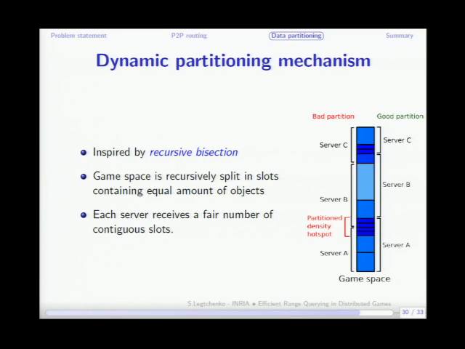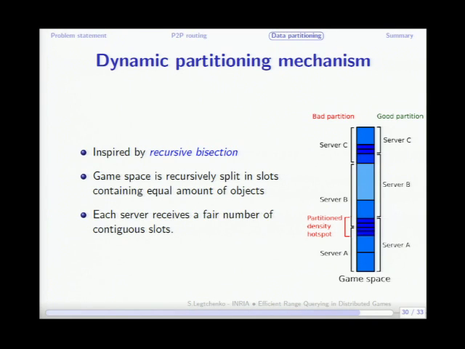For instance, here we have a bad partition which is perfectly load balanced because each server receives 4 slots. However, it is bad because a density hotspot has been partitioned between server B and server A. On the contrary, a good partition would be to allow a slight imbalance, where server C and server B receive only 3 slots and server A receives 6 slots.